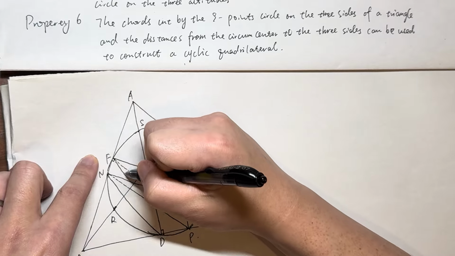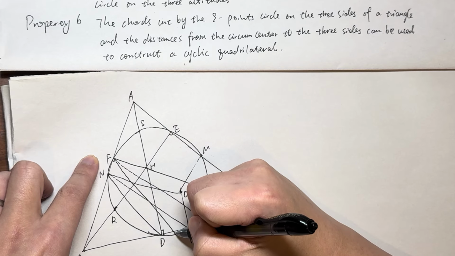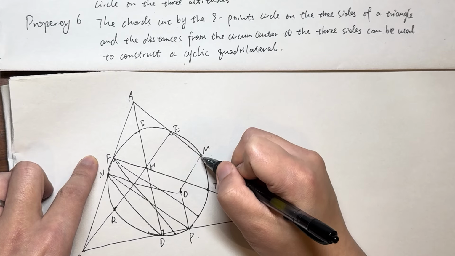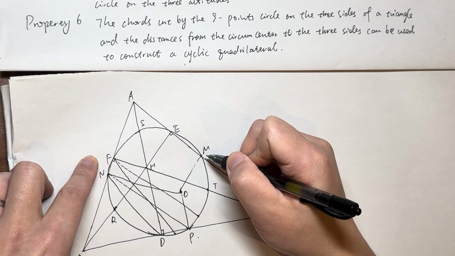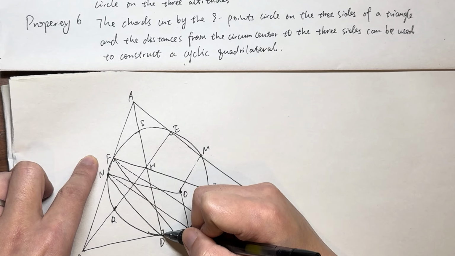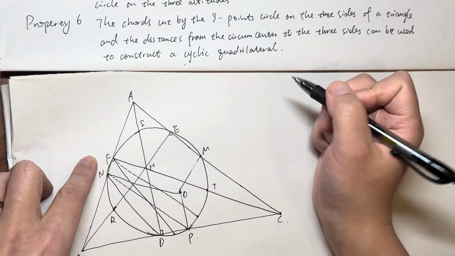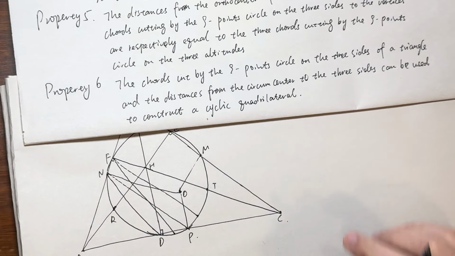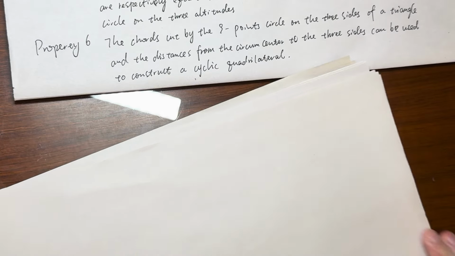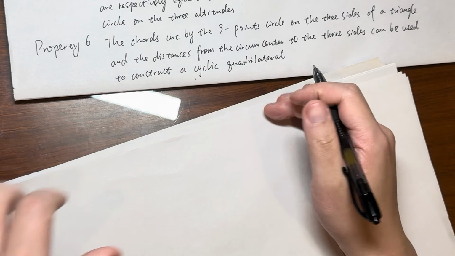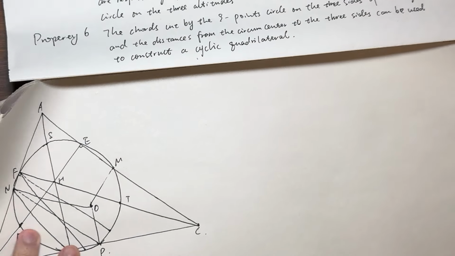And then F in parallel line would be here. But that case would be this one. For property 6, it's difficult. Let's redraw this figure. It's a mess.